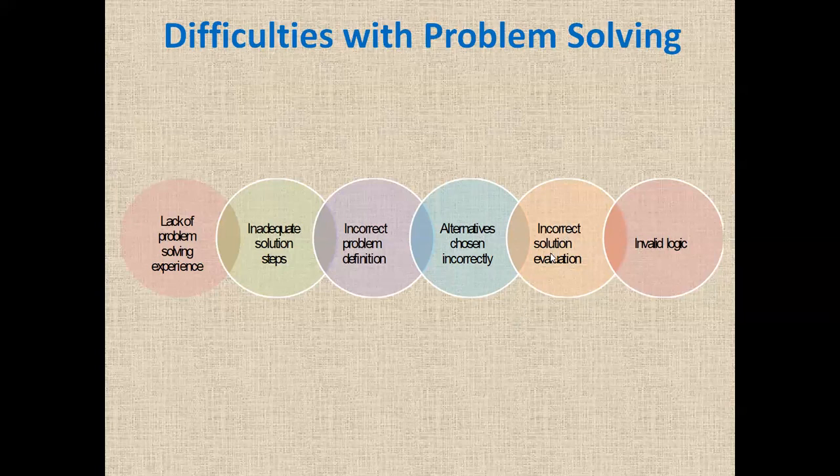Next one is incorrect solution evaluation. If you have evaluated that solution incorrectly, like suppose baking a cake is your problem, and you have baked the cake, but you have given that cake to your relatives or friends to taste. It may happen that they will give you an incorrect solution evaluation and say that it's a yummy cake, it's a good cake.